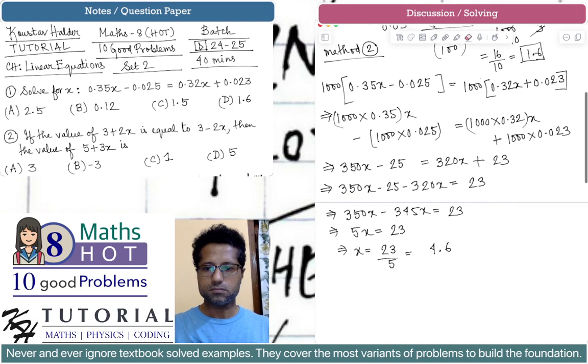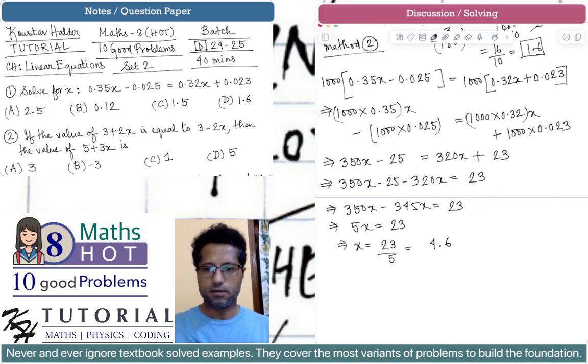Okay. So we have over here 350x minus 25 is equal to 320x plus 23, so 350x minus 320x is equal to 23 plus 25, which is equal to 48.